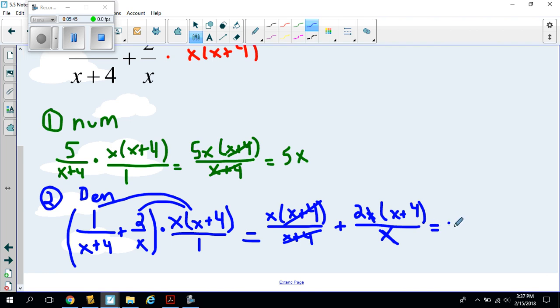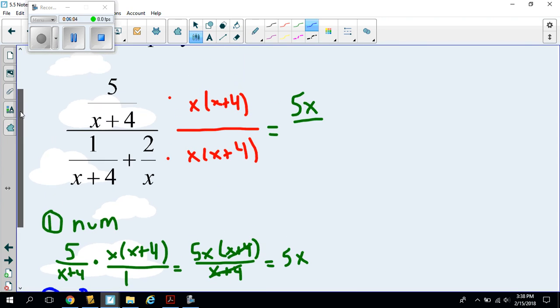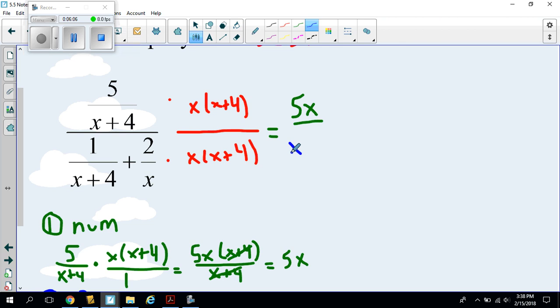So now all we're left with is x plus, and then we're going to do 2 times x plus 4. Now I take this entire phrase and I bring it back to my complex fraction. So I have x plus 2 times x plus 4.